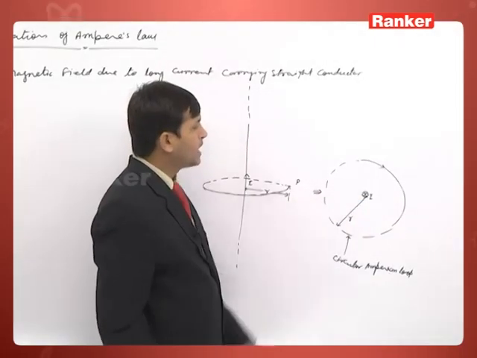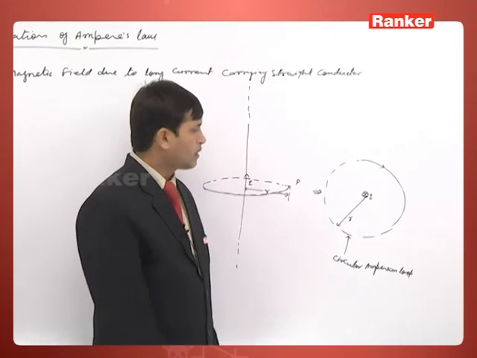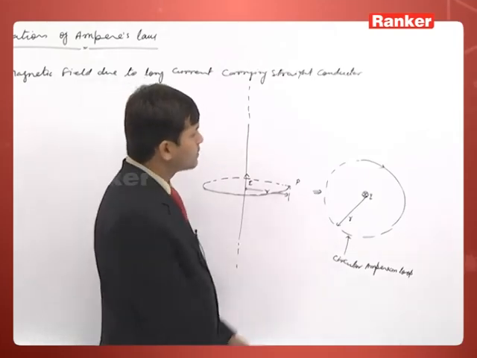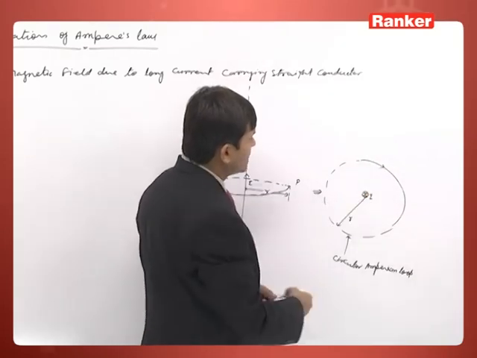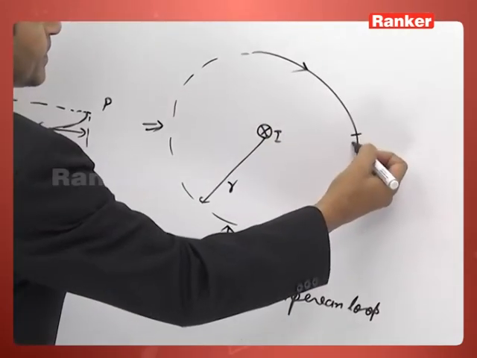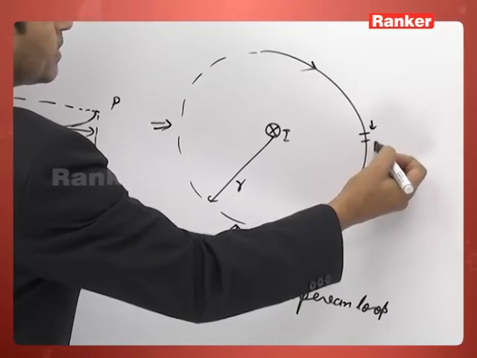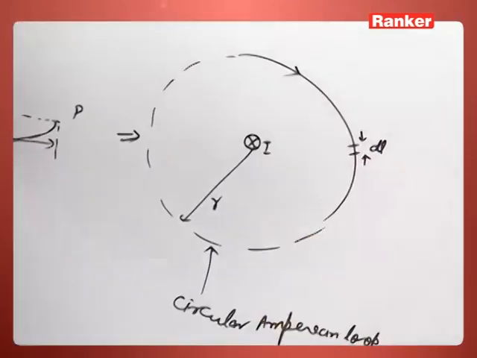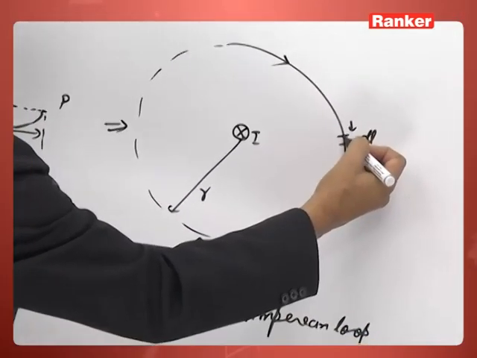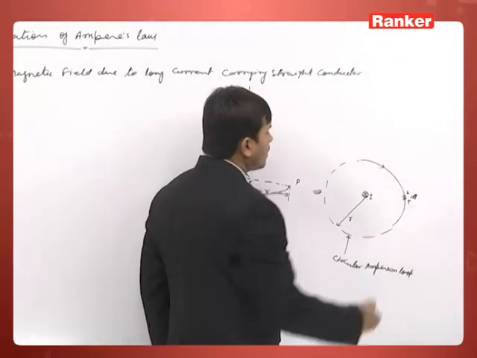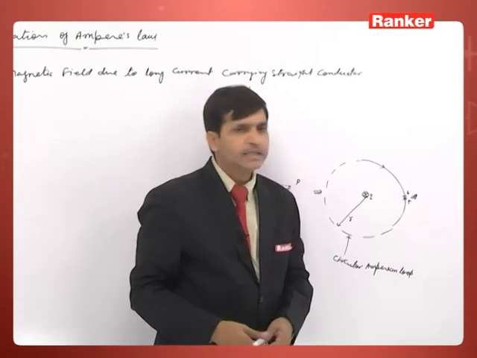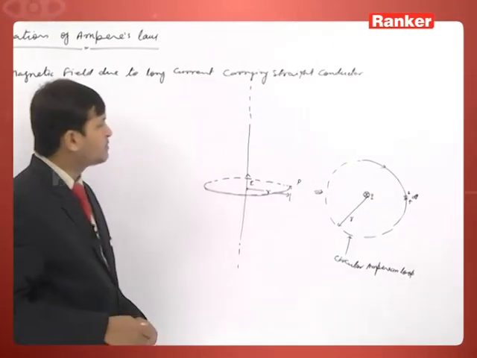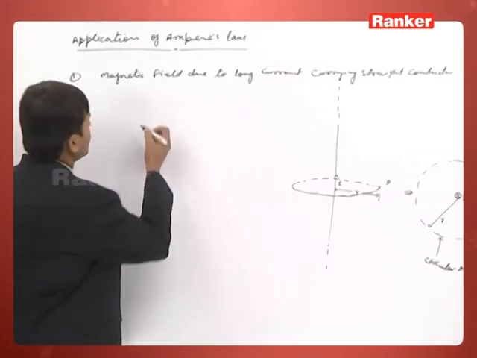So the current I we have to take as positive. Now, as we are going this way, suppose this is our element dl and we are moving in this direction. So our element and our motion are both in the same direction, so the angle between B and dl is 0.